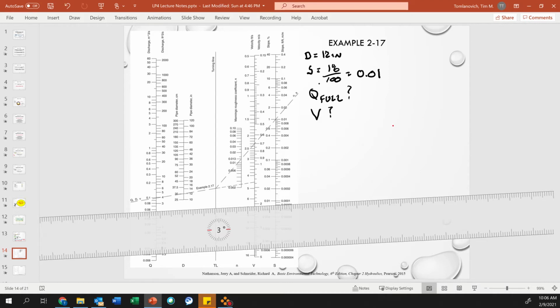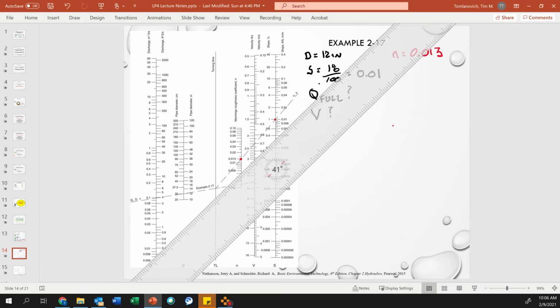We know n equals 0.013, and we know the slope is 1%, and we put that there. Then you draw this line.